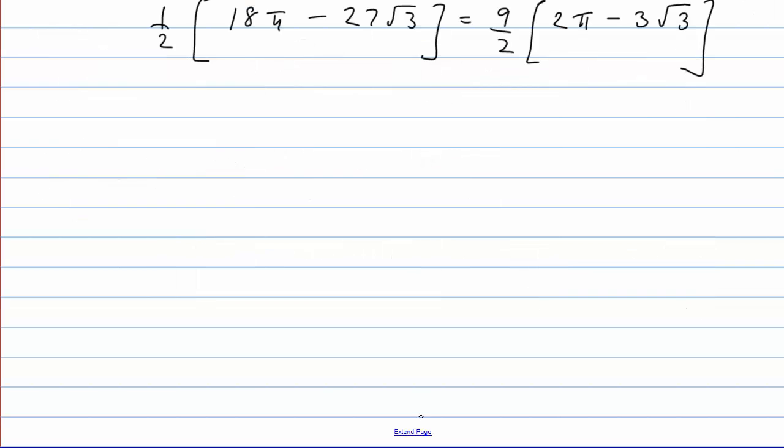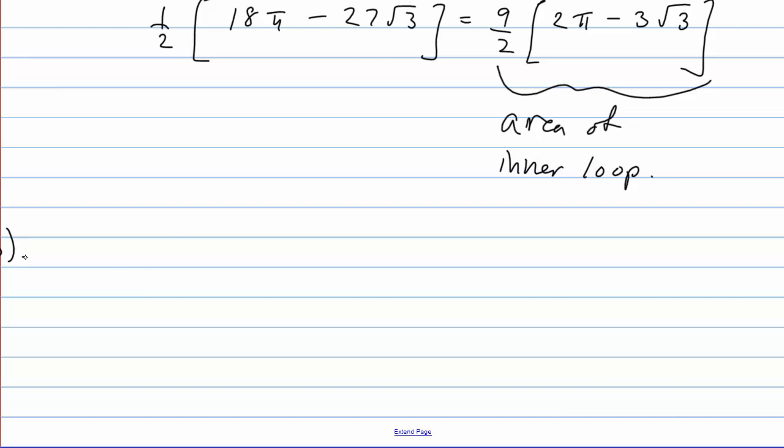And now once we know that, this was the area of the inner loop. So now what we want to do is return to part B. So we want to find the area basically of the limacon that is outside the inner loop.